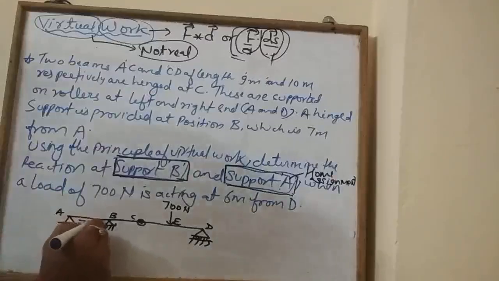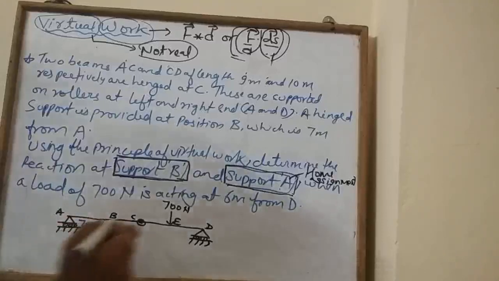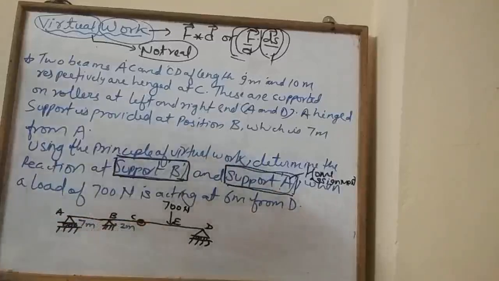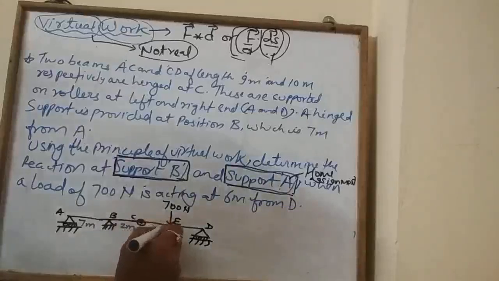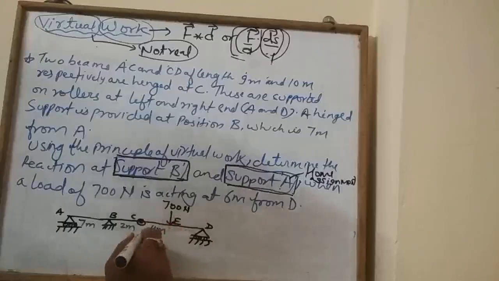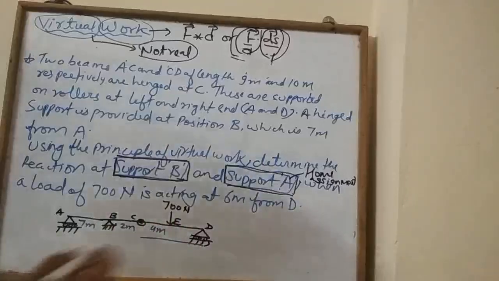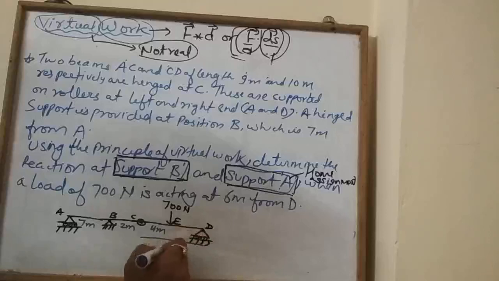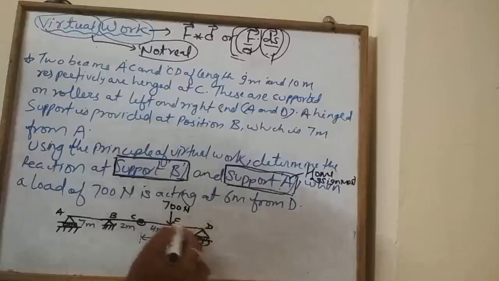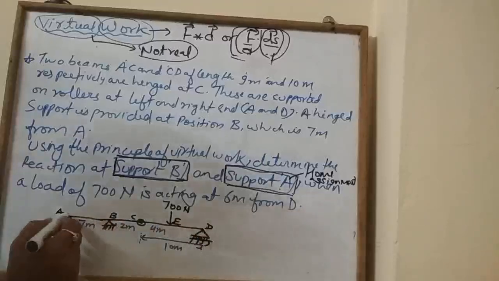This is 7 meter. This is 2 meter. This is 4 meter. This is 10 meter. So ED is 10 minus 4, that is 6 meter.